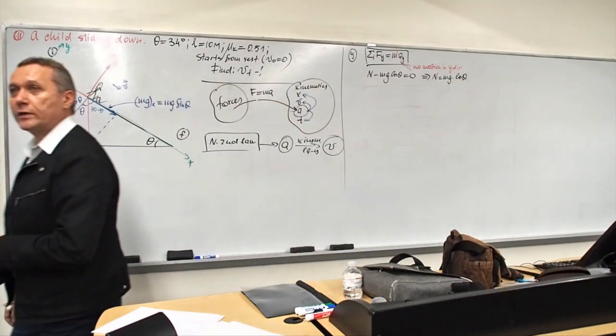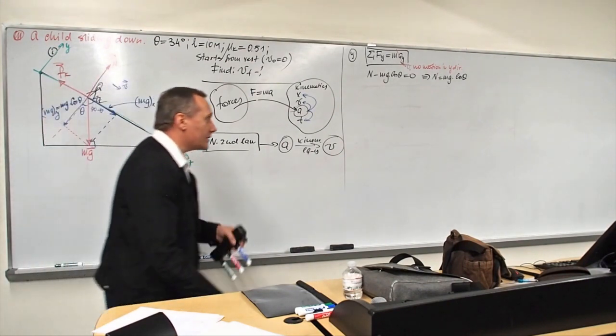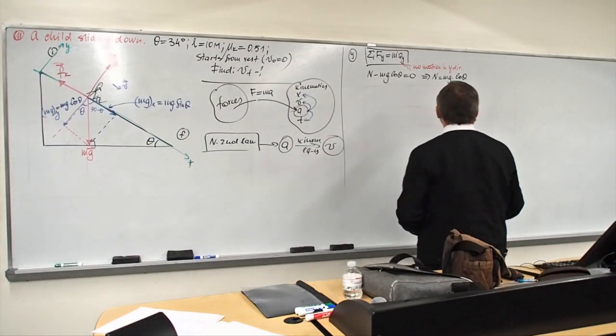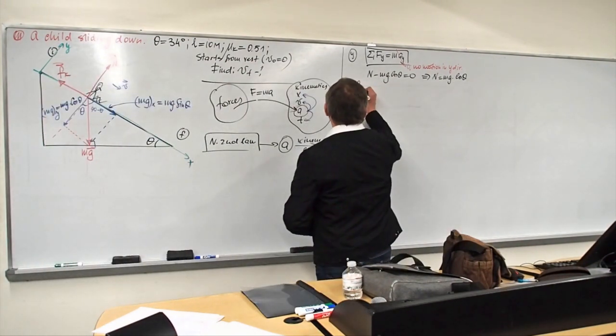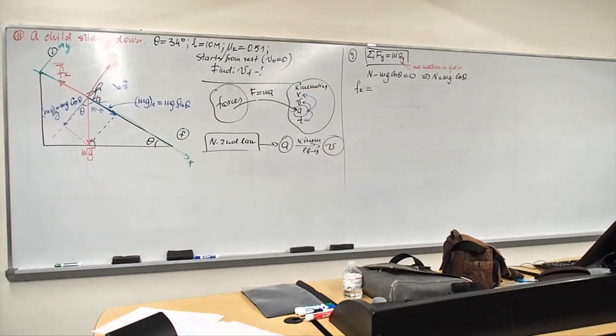It's basically a quiz which you had yesterday and the day before yesterday. Not exactly, but very, very similar. As a result, it allows us to find kinetic friction. The formula is on the formula sheet, it will be given.